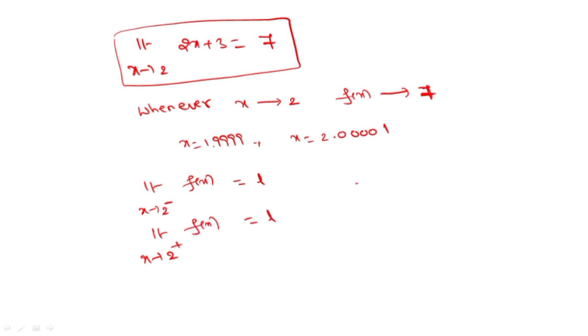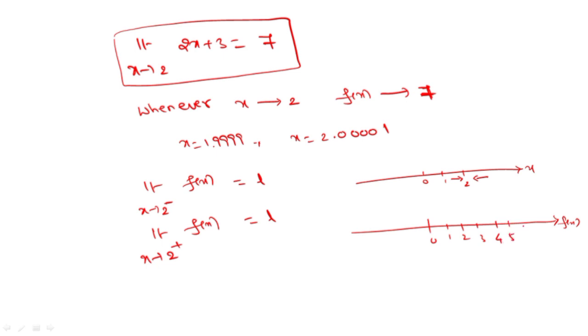So whenever x approaches 2, these are the x values, 0, 1, 2. When x approaches 2, f of x approaches 7, on the scale 0, 1, 2, 3, 4, 5, 6 and 7. And this f of x is also near to 7, not exactly 7.